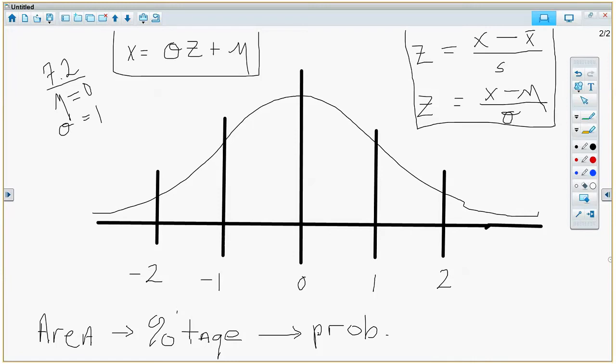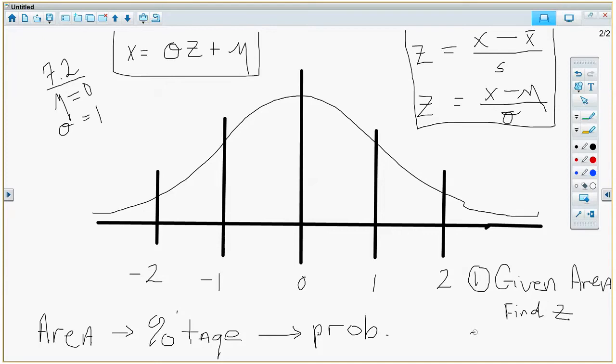Now, either you're going to be given the area. If you're given the area, then you're going to find the number, find z. That's one type of problem in this section.